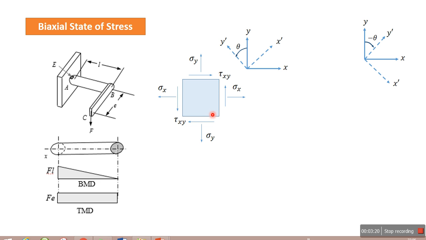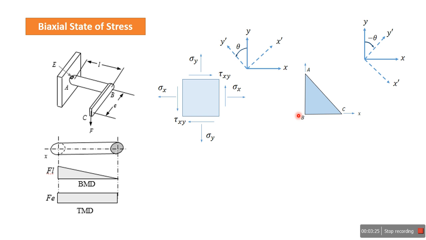So to consider this, let us consider an element. Let us take an inclined plane AC. This inclined plane AC on this axis system XY is making an angle theta.